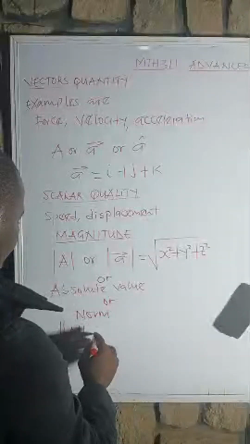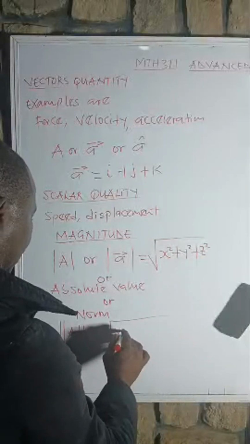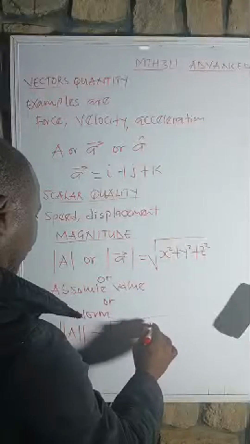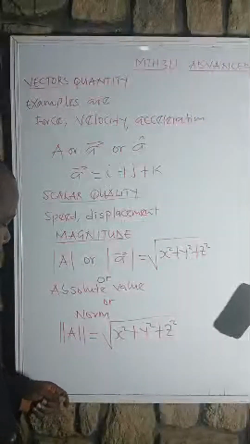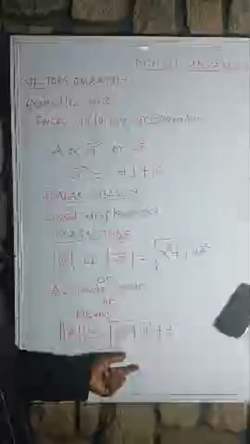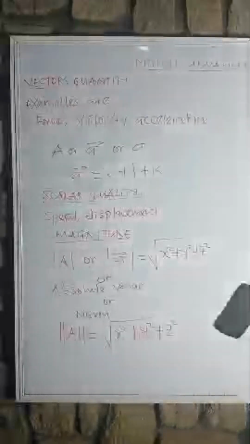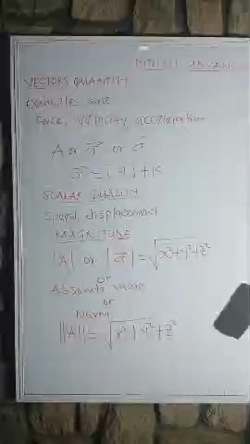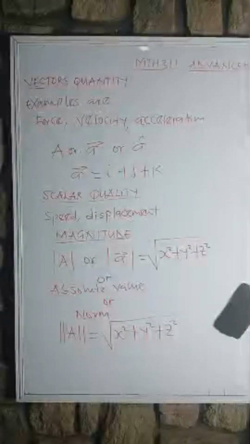Likewise, this is also x squared plus y squared plus z squared. Right? Are you following? So that is that. So far, so good.